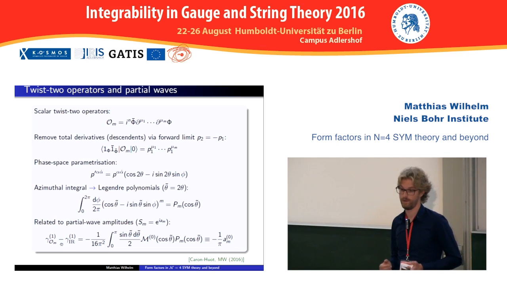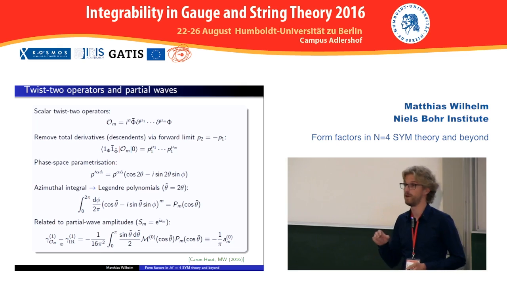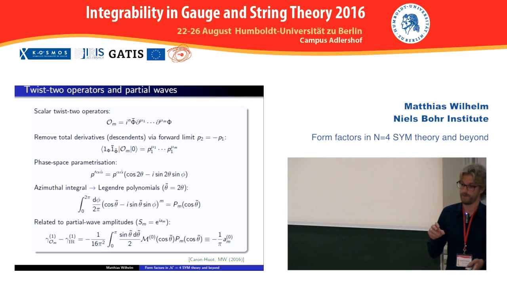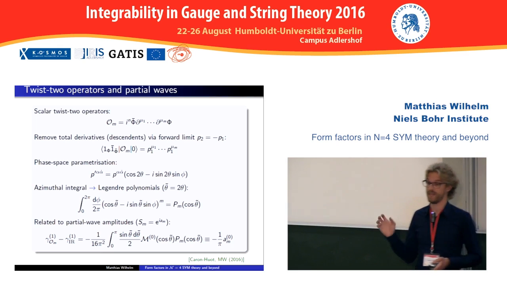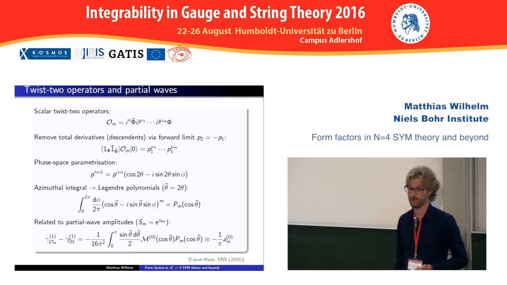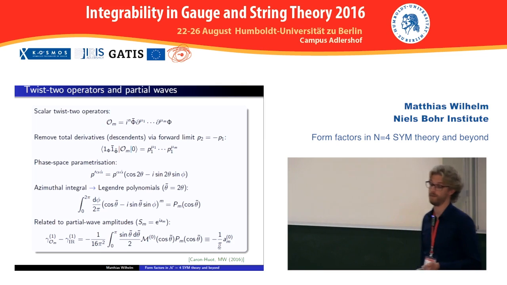Now, inserting this into the phase space integral and performing the second integration, we find that the difference of the UV and the IR anomalous dimensions is just minus A_m divided by pi.